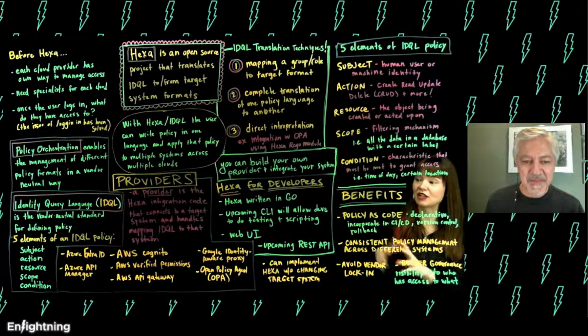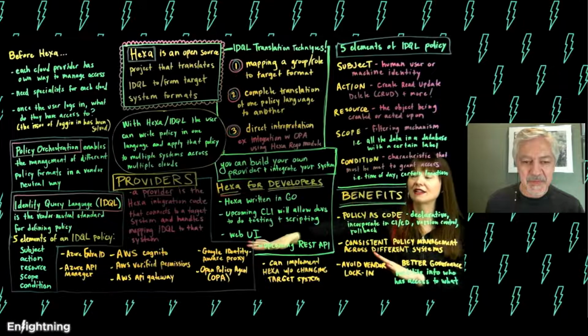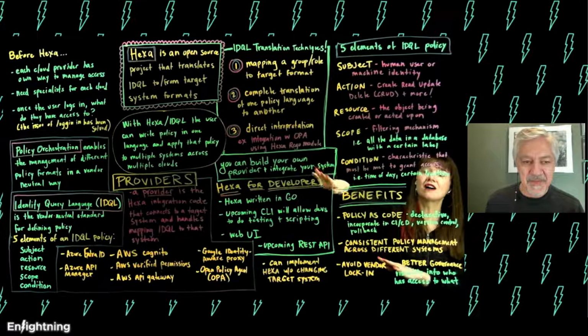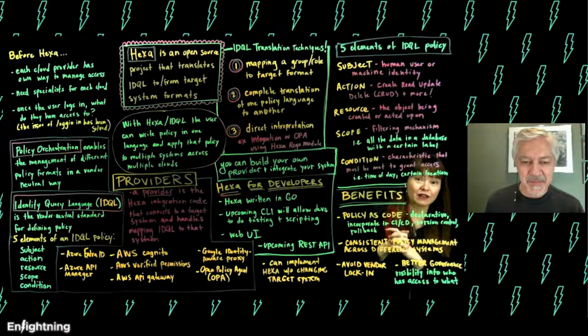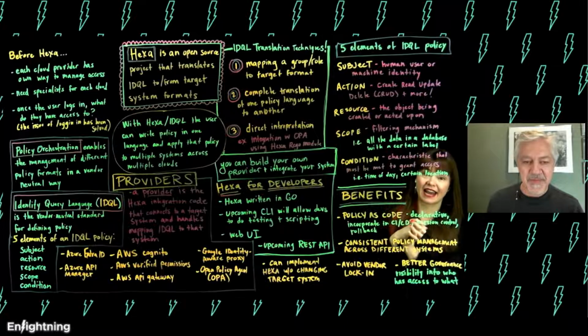So if you want, you could use Hexa and IDQL to write a single policy that can span all these different providers. But you can also build your own provider and integrate your own system, and we have some techniques for how to do that. One is to map a group or a role to a target format.